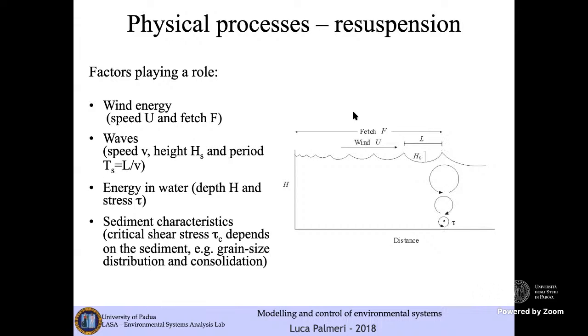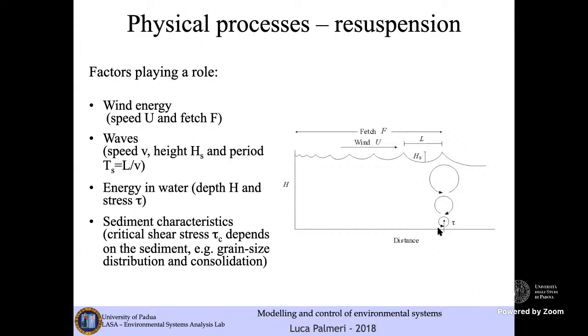As a consequence of wind flowing on the surface of the water body, we have a formation of waves, and the waves generate a kind of cyclical vortex that starts large and becomes smaller and smaller. And when you go to the deeper part of the water body, the energy of the wind that is transferred to the water in the form of waves is transferred to the bottom part of the water body in the form of shear stress.